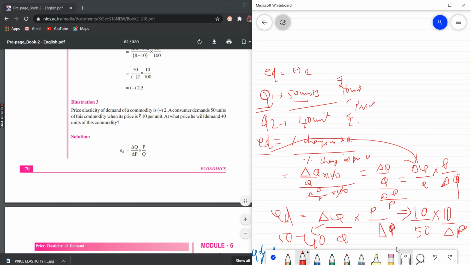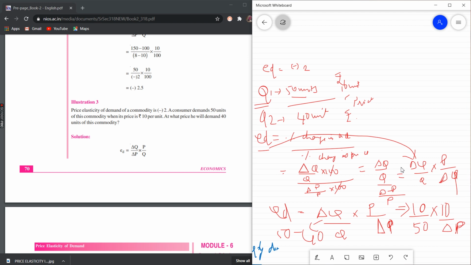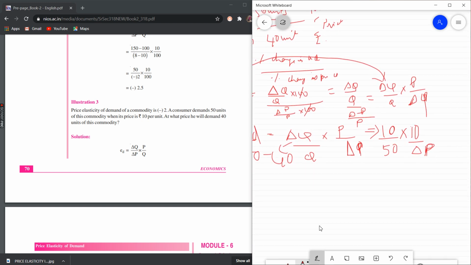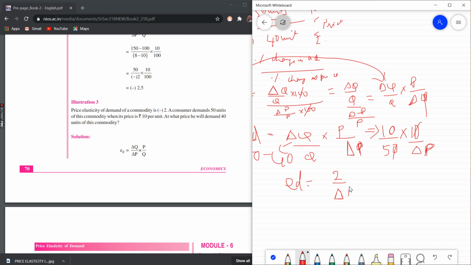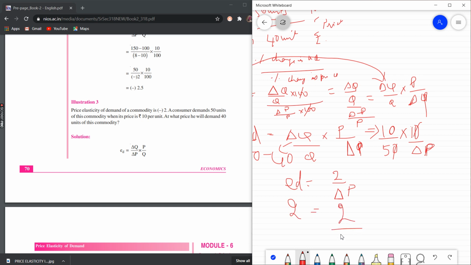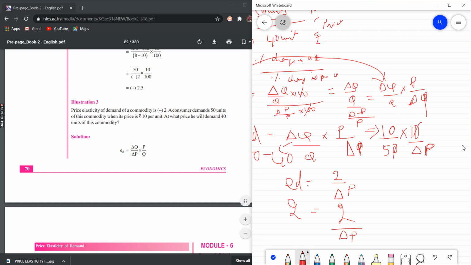Okay. So now ED is equal to, cancel this. So 10 by 50 is 1 by 5, and P is 10, so 2 by change in P is equal to ED. In the question they have given ED as 2. So 2 is equal to 2 by change in price. Okay, 2 and 2 get cancelled.